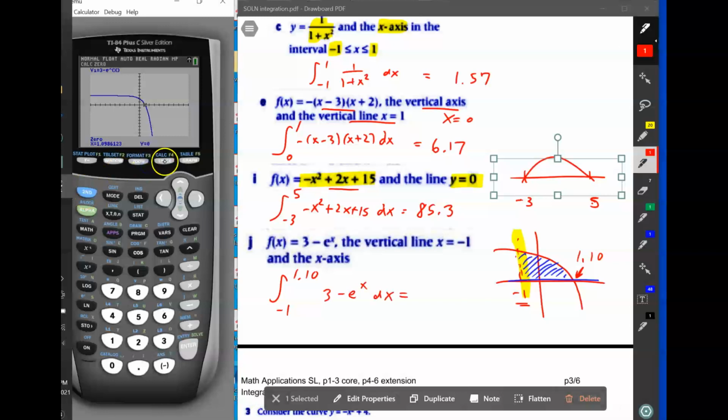We'll do second calc, integrate, number 7, and then the lower limit is -1, enter, and the right edge is going to be 1.10, which is just the same as 1.1 in the calculator. It colors in perfectly, and my answer is 3.66. And we're done.